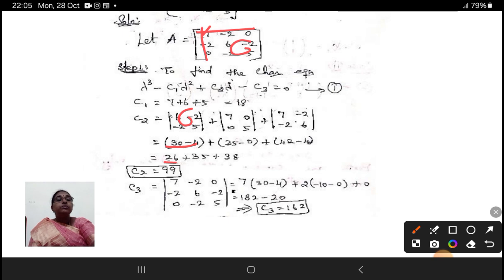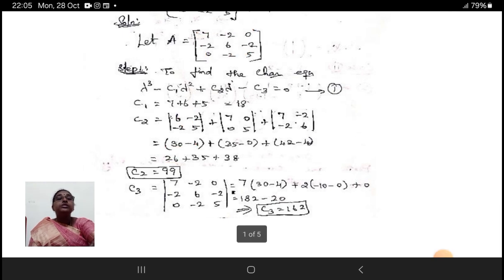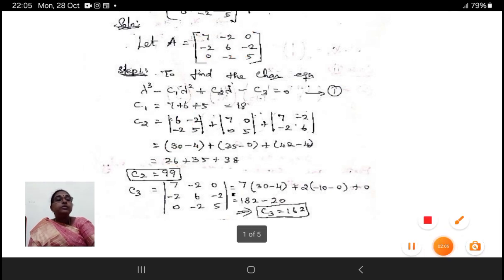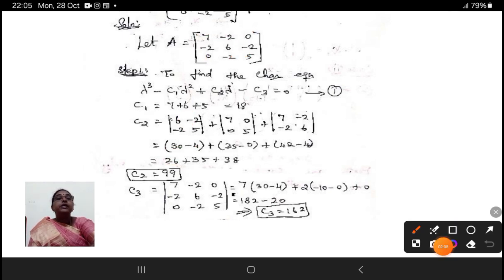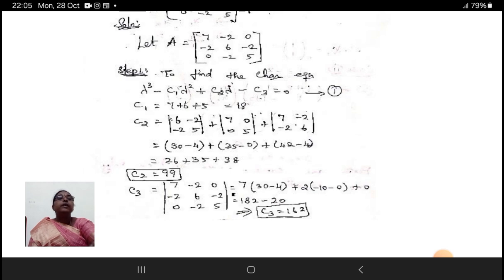Likewise, the next diagonal element is 6. Omit its row and column, and the remaining 4 values are 7, 0, 0, 5. Write these 4 values and get the value of this minor.